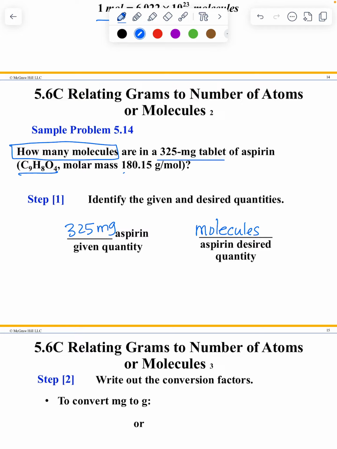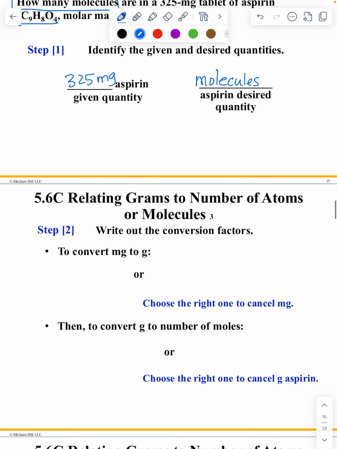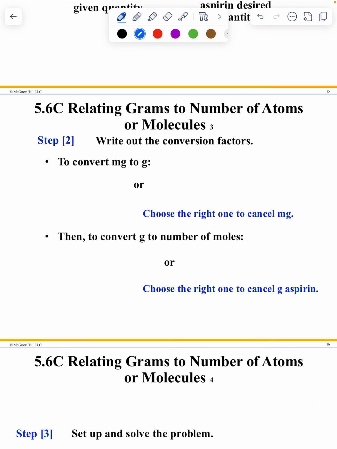All right, next we need to write out the conversion factors. Since we were given milligrams, we do need to convert that to grams because we are going to use molar mass, and molar mass is in grams. The relationship between milligram and gram is that 1,000 milligrams is equal to 1 gram.